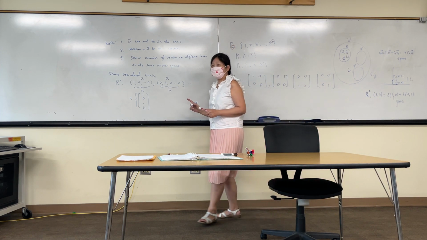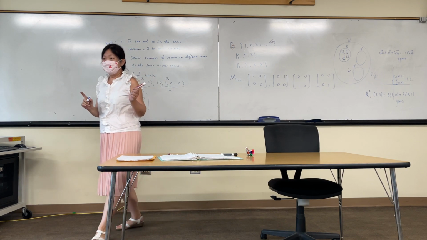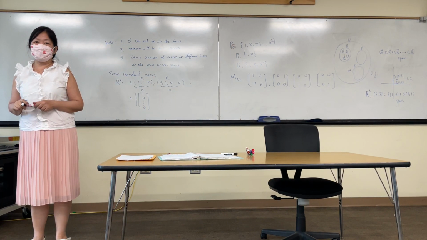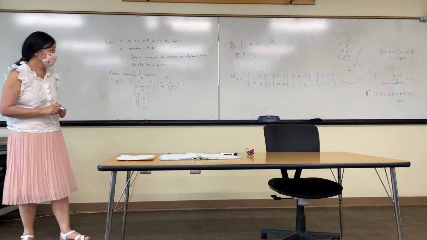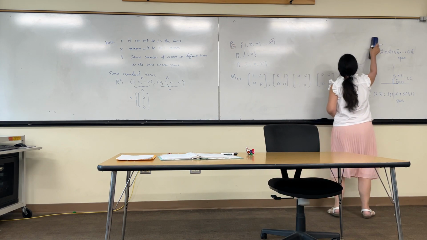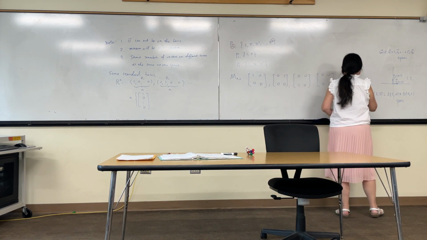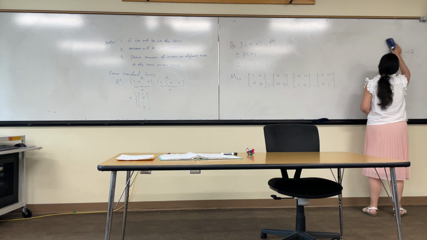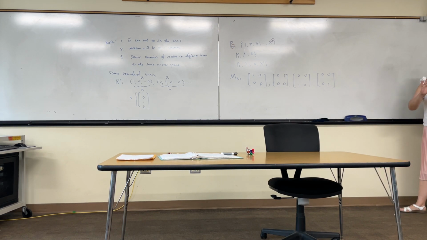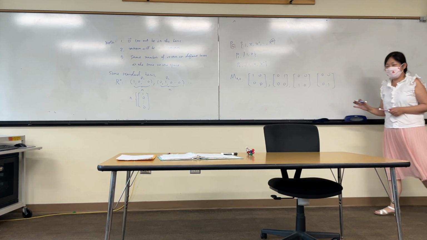These are 4 base vectors for M22, okay? So M and M will be too much to write. Any question here? So these 3 you've seen the most, okay?